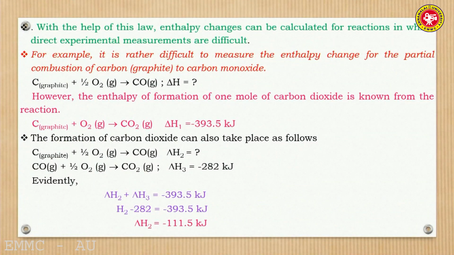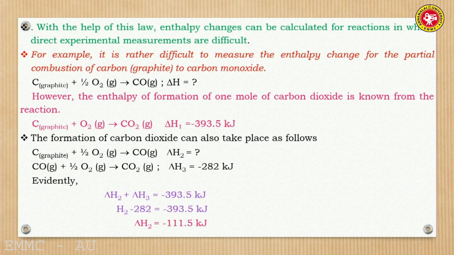With the help of this law, enthalpy changes can be calculated for reactions where direct experimental measurement is difficult. For example, it is rather difficult to measure the enthalpy change for the partial combustion of carbon to carbon monoxide.